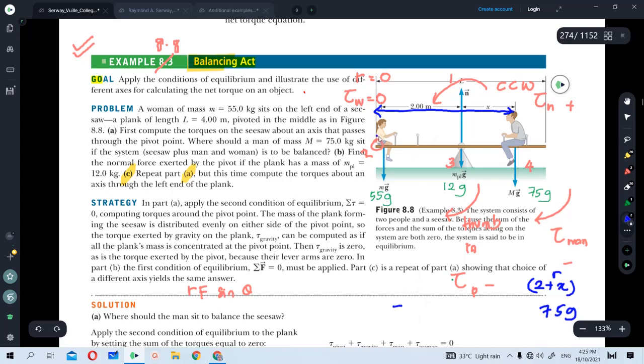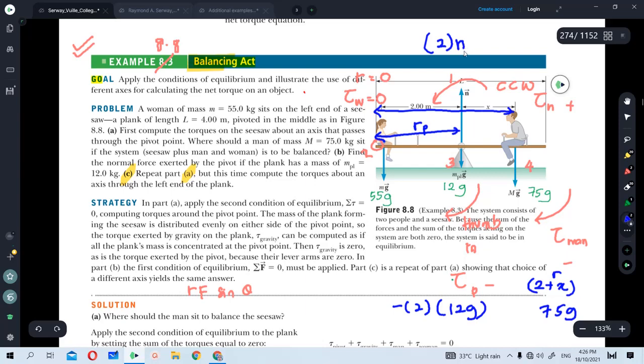So look again, this is R of the plank, which is equivalent to 2 meters. So 2 meters times 12 G. And what about the normal force? Very simple. The force itself is N, and the distance is as well 2, so times. Now, next question is we don't have the N value.